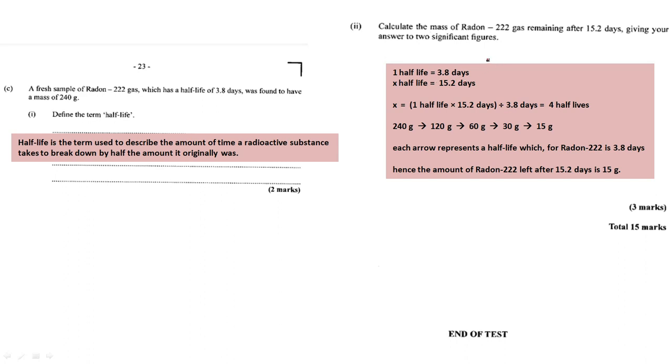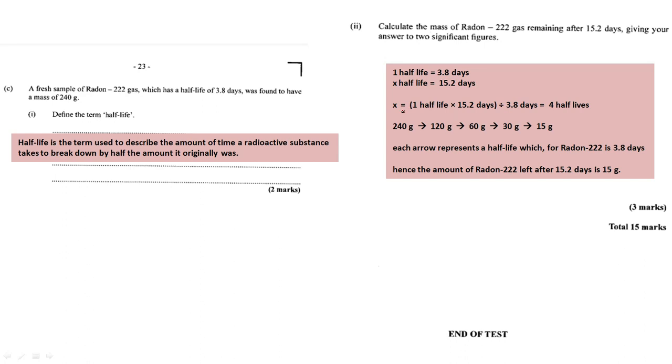So basically, how many times would radon break down over a span of 15.2 days? Given 3.8 days, it will break down by half. But if you give radon 15.2 days, how many times did it break down? That's what they're asking.